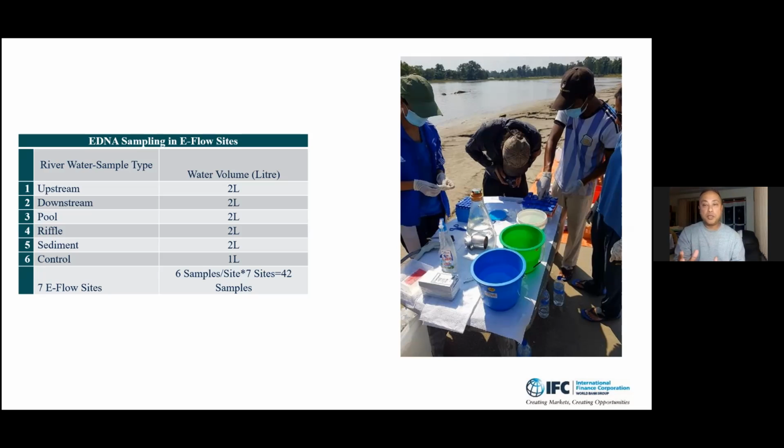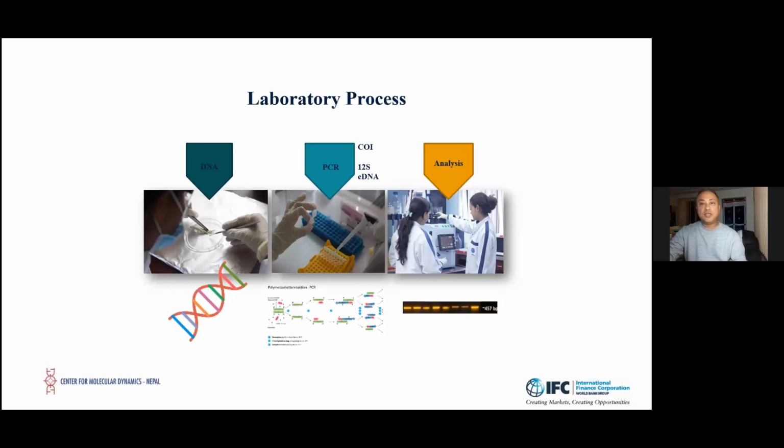We pump the 2 liters of water through a filter paper, and that filter paper then gets put in a preservative in a small tube and sent to the lab. Meanwhile, our taxonomist group, the fish group that catches fish, lays out another table on the side and goes through the keys, trying to figure out the different species of fish we caught together.